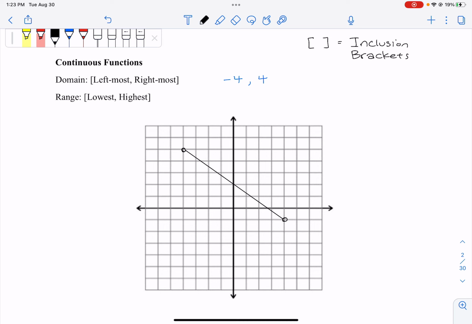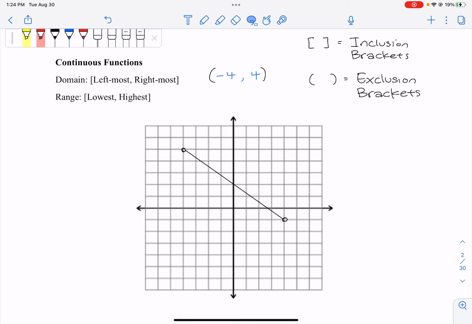So if that's the case, I put a round bracket. And these are what we call exclusion brackets. Because they get very, very close to our designated endpoint, but it doesn't actually hit the endpoint. We would close off the 4 with a round bracket as well, because you see it's getting very, very close to 4, but it doesn't quite hit 4. So that's how we do domain.